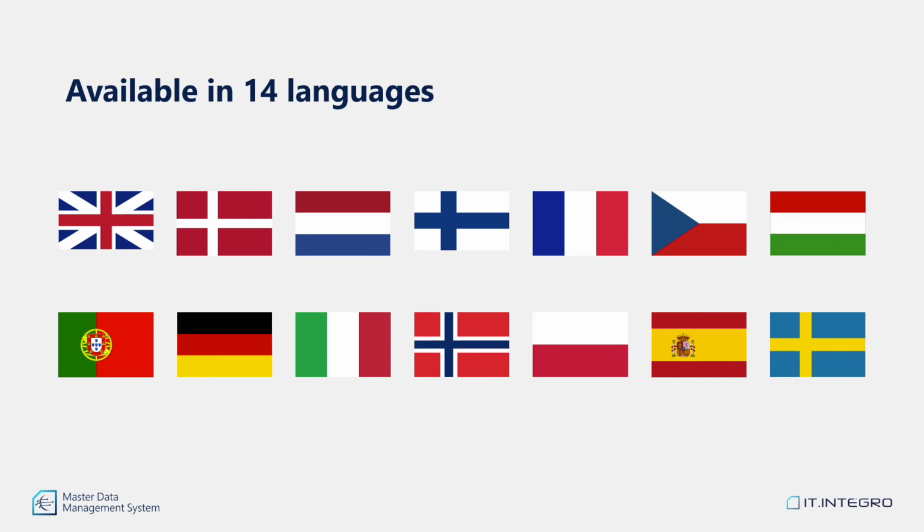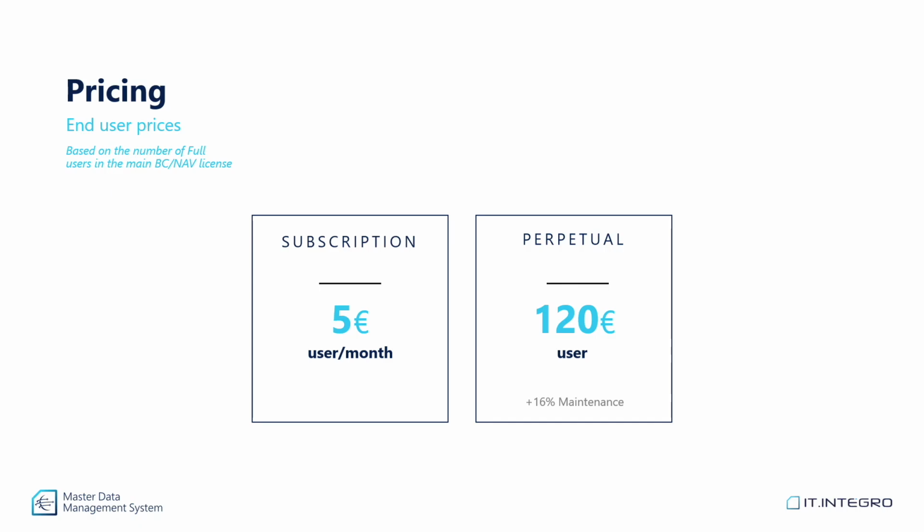In terms of the languages available, currently we provide 14 languages for MDMS, but if needed, we are open to work with the partners to deliver new languages if this is such a requirement.